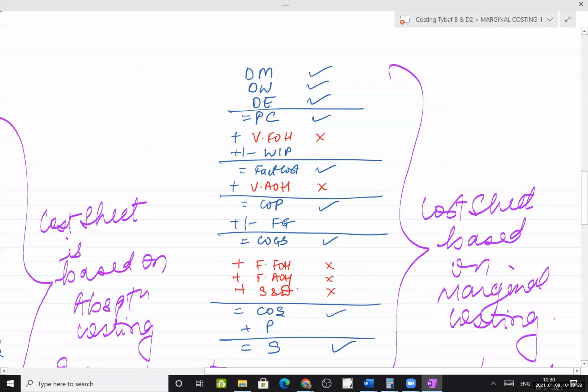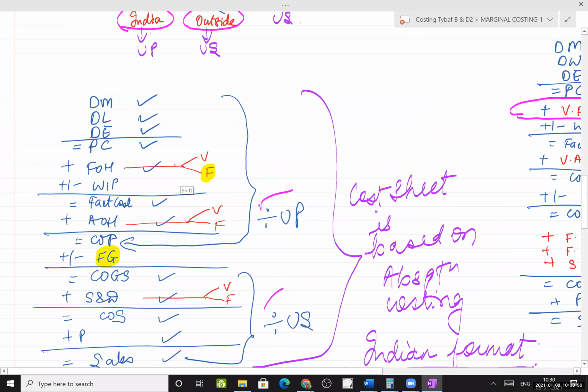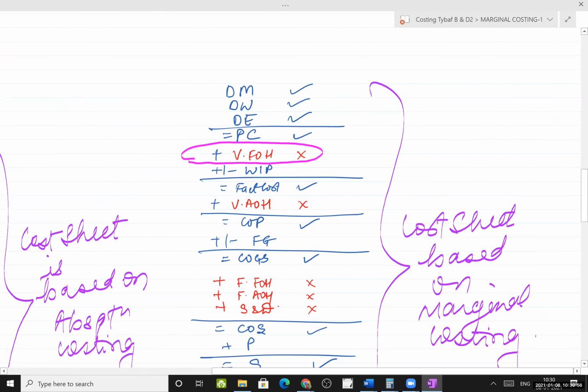So see how the format is. Same, a little variation. Direct material, direct wages, direct expenses gives me prime cost. Now, see this. Add only variable factory overheads, not the fixed one. Okay? Here what was there? Fixed and variable both. Okay? Here it is only variable factory overheads.